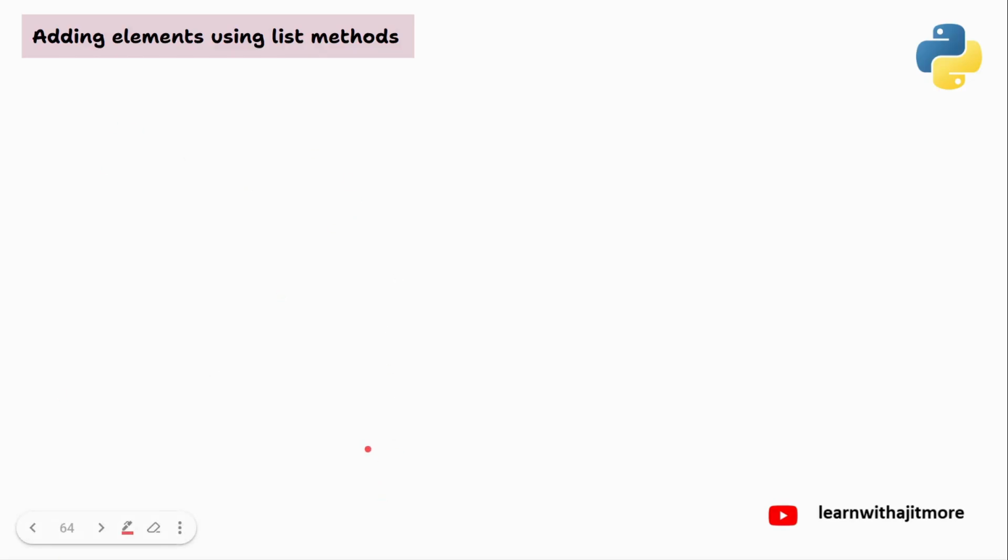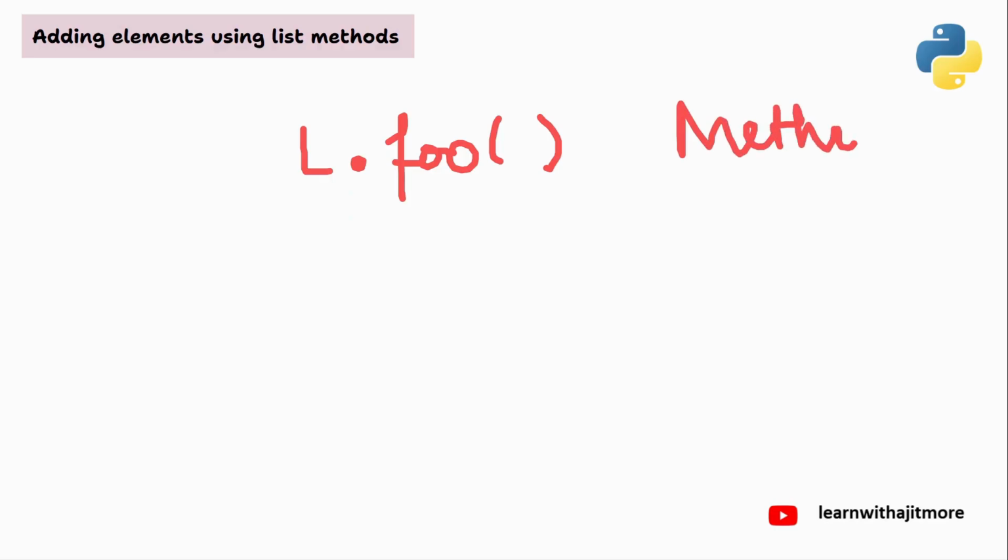At this moment, just remember that whenever you write a list object, then a dot, and then you call any function, whatever the function is, then it is a method. In short, whenever you call a function in the context of a list object with a dot operator, we call it a method. For the time being, understand it like this.